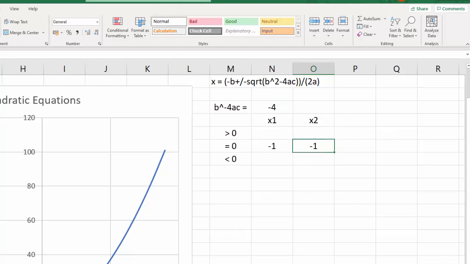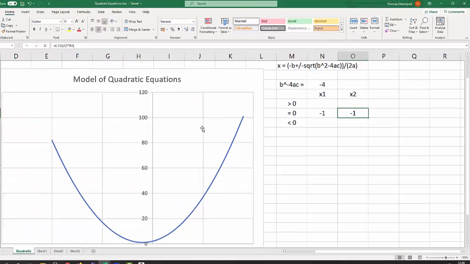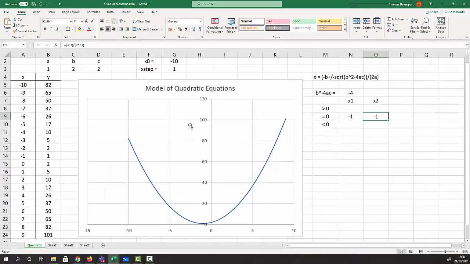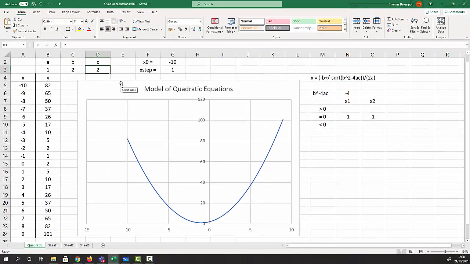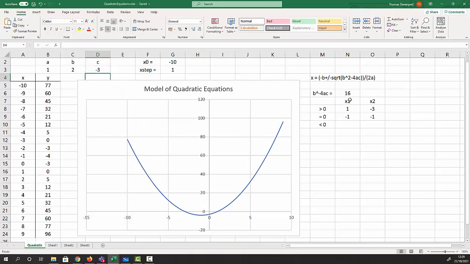Okay, so at the moment, let me just zoom out a little bit. At the moment with that value for C, there are no real roots. But if I make that to be -3, I think it was before, now you see the two roots have appeared. Here they are, because the b squared minus 4ac is a real number.